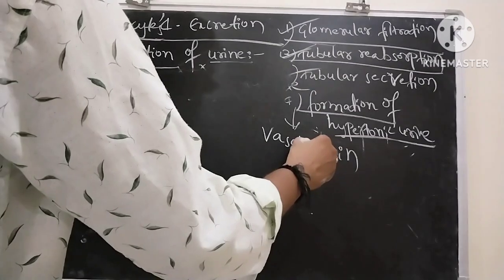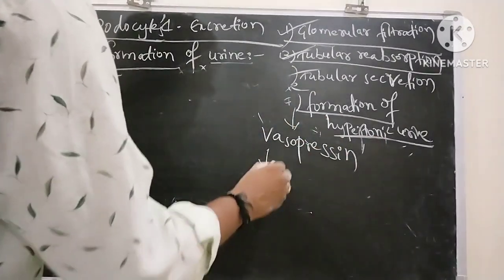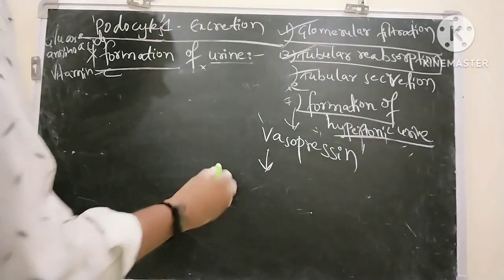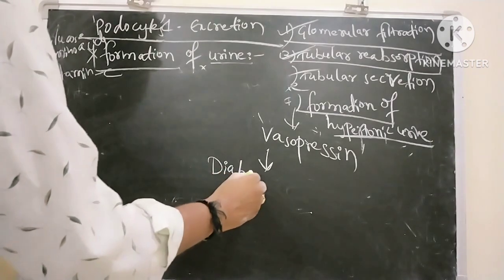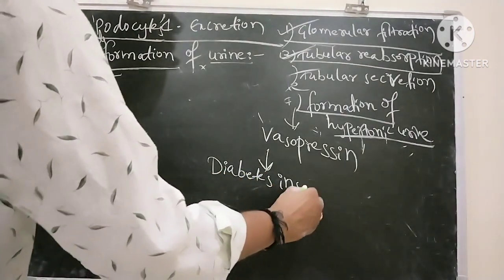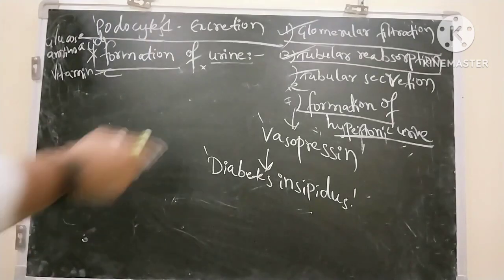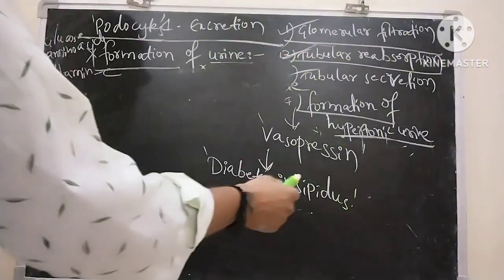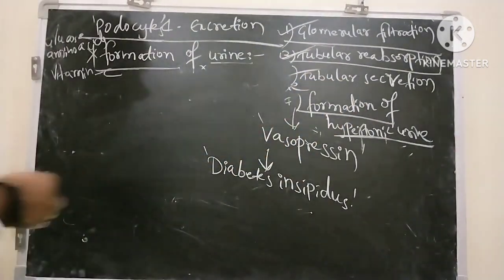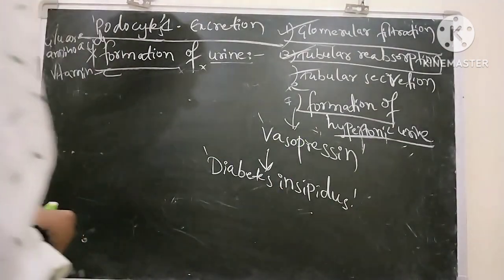If this vasopressin is less, that person excretes more urine than normal. That condition is called diabetes insipidus. Okay, so this is about glomerular filtration, tubular reabsorption, tubular secretion, and formation of hypertonic urine.